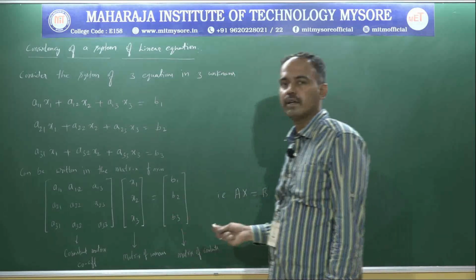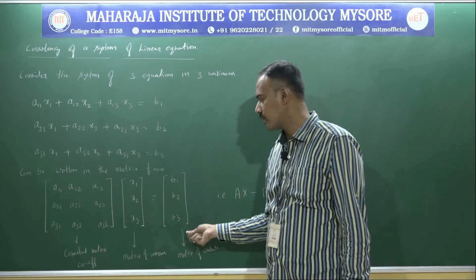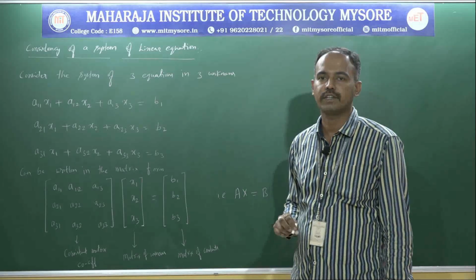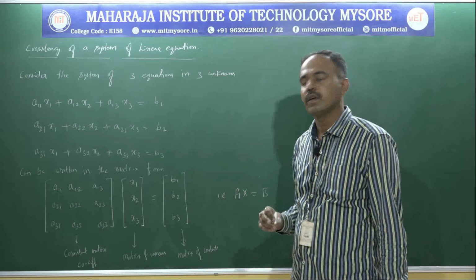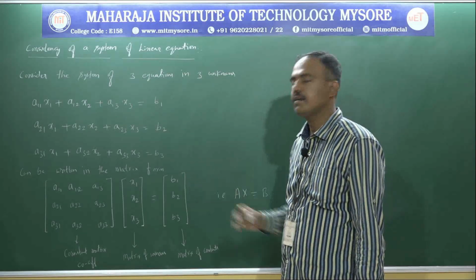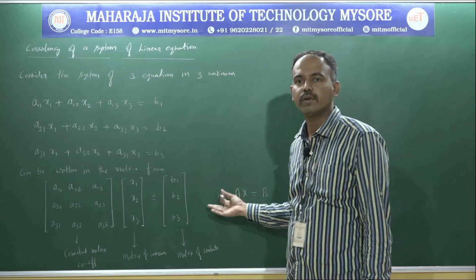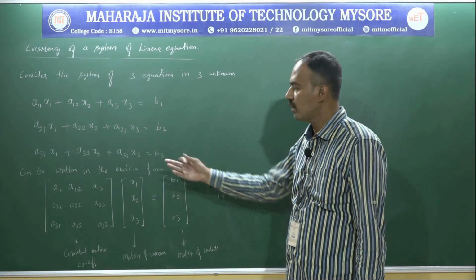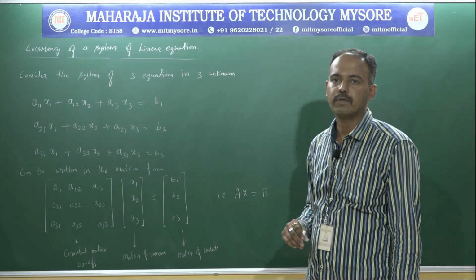Is it clear to all of you? All the B values being 0 gives a homogeneous system of equations, and at least one B value not equal to 0 gives a non-homogeneous system of equations.